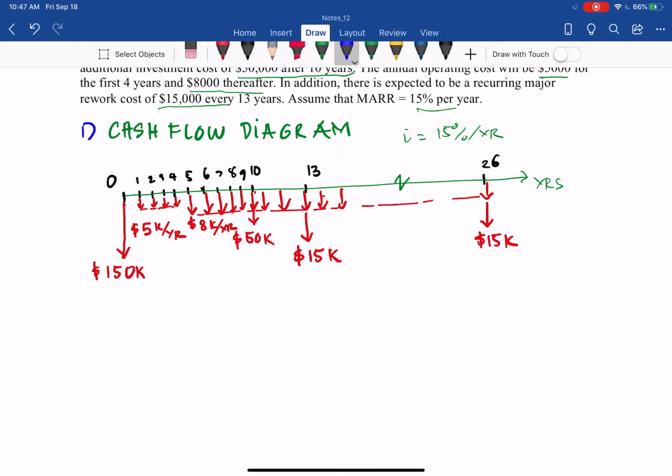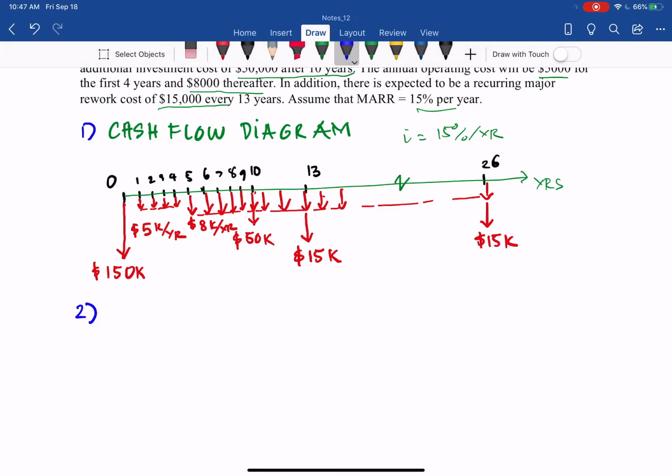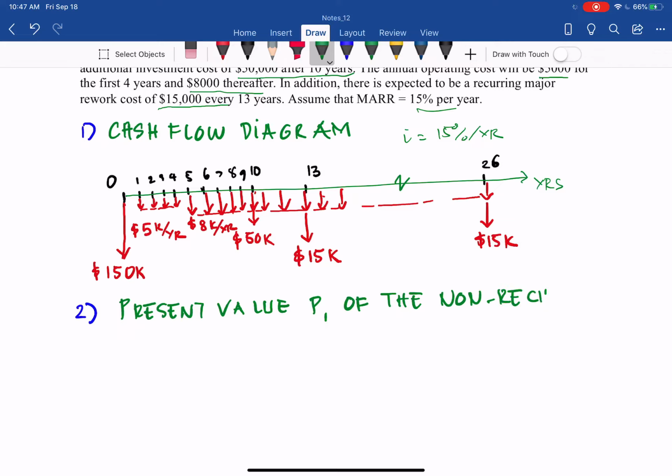Step number two is find the present value of all non-recurring amounts. So with that, we can have the present value P1 of the non-recurring costs.